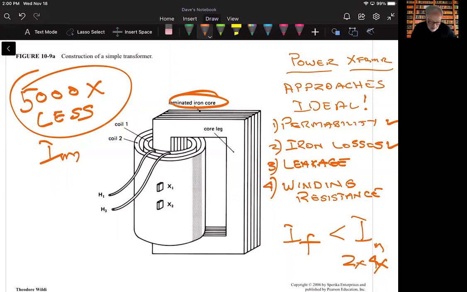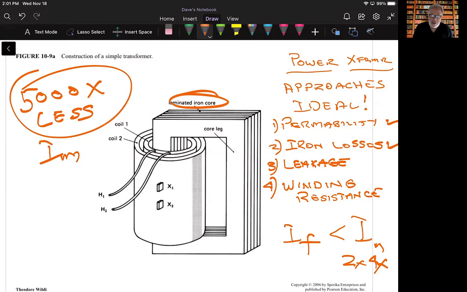Another thing that we talked about was the leakage reactances, X sub l1 and X sub l2, and we make those as small as possible because we want to couple as much of the flux from the primary to the secondary. So the primary and secondary coils are wound on top of each other, and you space these coils as close as you can.